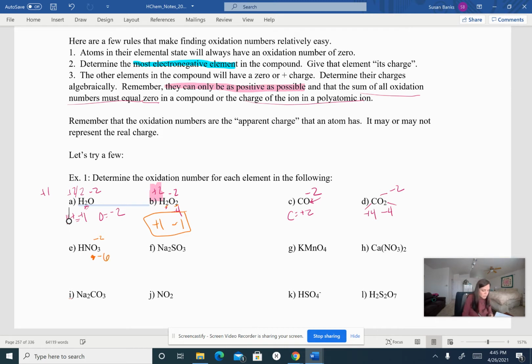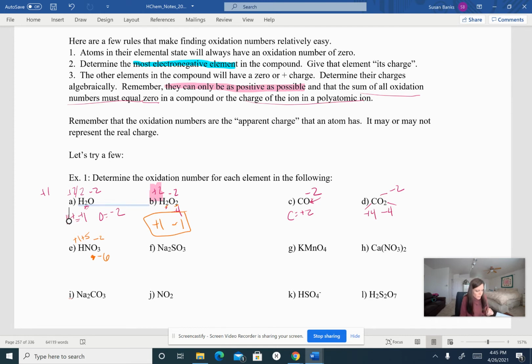Hydrogen is going to be a +1. We know that for sure. So let's see. +1 plus -6 gives me a -5. So what plus -5 gives me a charge of 0? +5, right? So the nitrogen here has to be a +5.